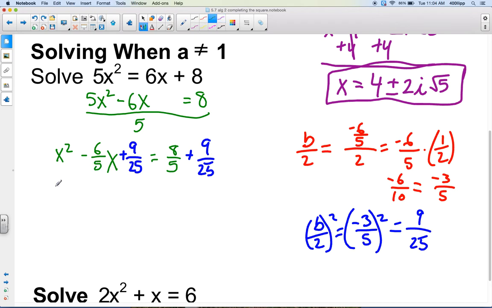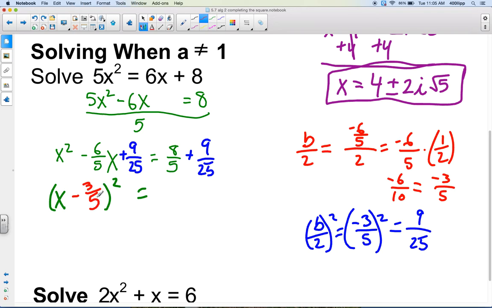Okay, so now we're going to make this, as this looks like a difficult one to factor, but it's actually not going to be difficult for us because we have the b over 2, which we solved to be negative 3/5. That's going to help us solve that. So plugging that in, I get x minus 3/5, and we can check that.